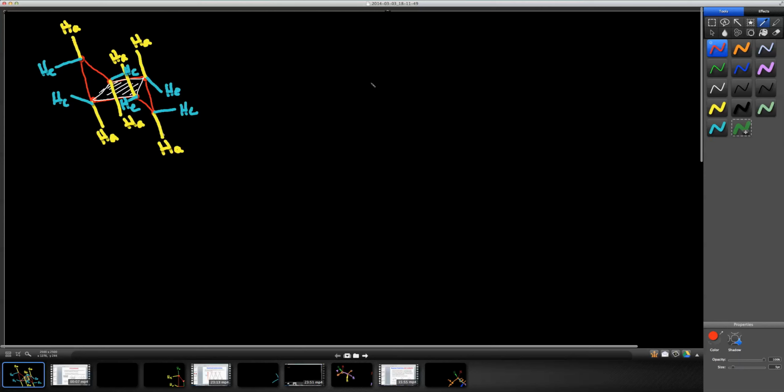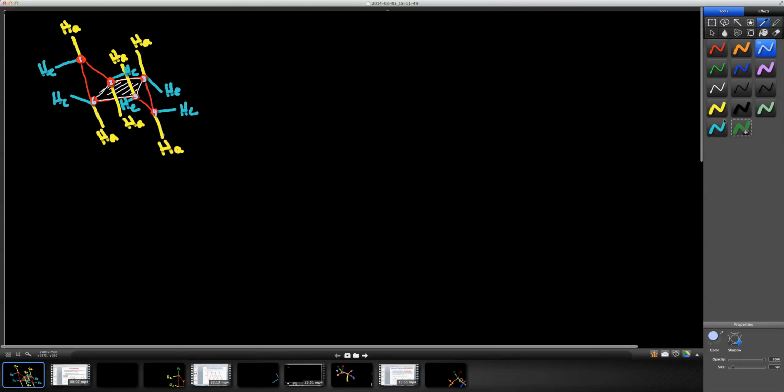What we want to do is re-emphasize and number our carbons. And then we're going to draw a Newman projection. Carbon 1, carbon 2, carbon 3, carbon 4, carbon 5, carbon 6.